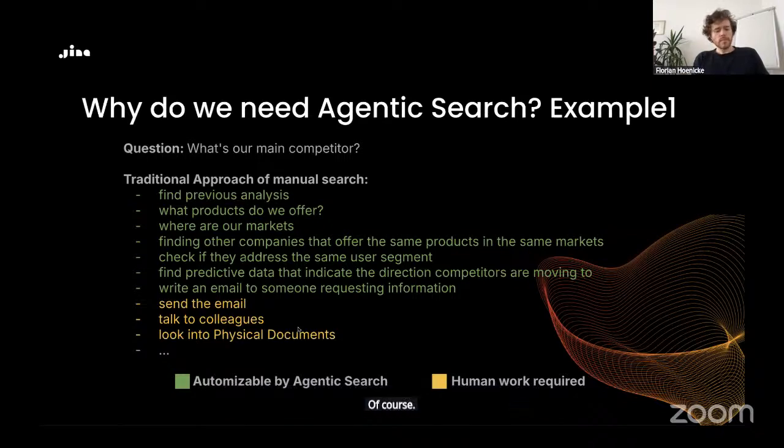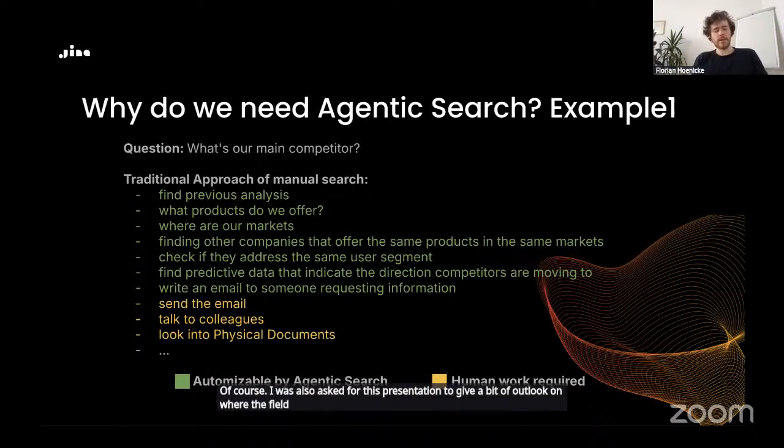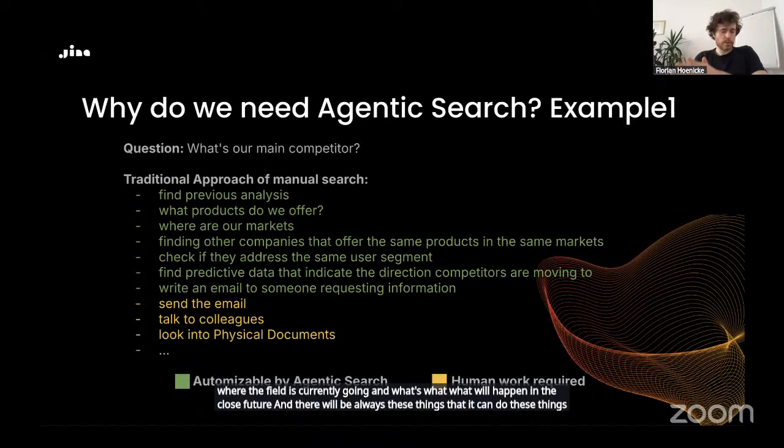I was also asked for this presentation to give a bit of an outlook on where the field is currently going, and what will happen in the near future. There will always be these things that it can do, and these things that it cannot do or we don't want it to do.